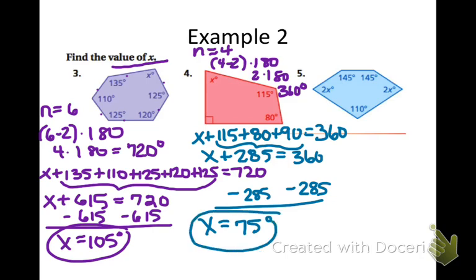The last example, 1, 2, 3, 4, 5, where n is equal to 5, so we have 5 minus 2 times 180, and that's equal to 540 degrees.